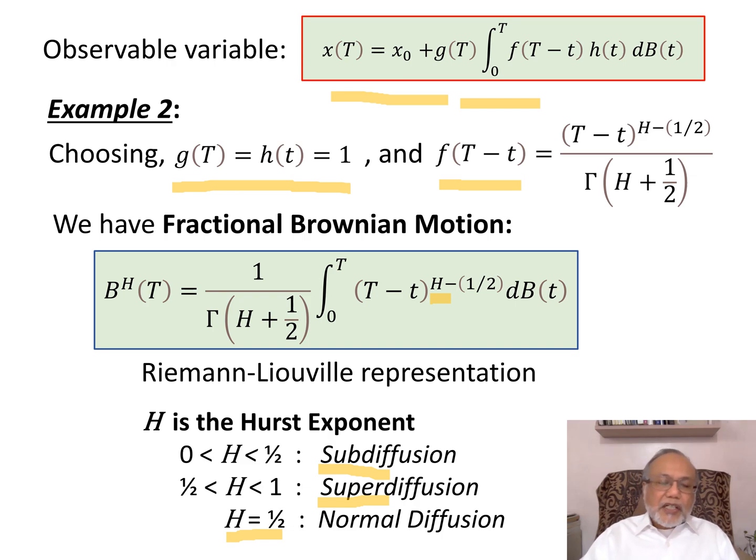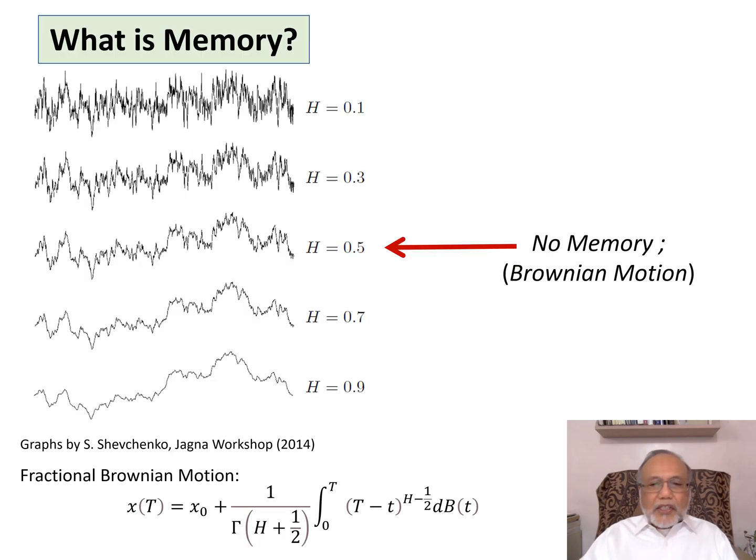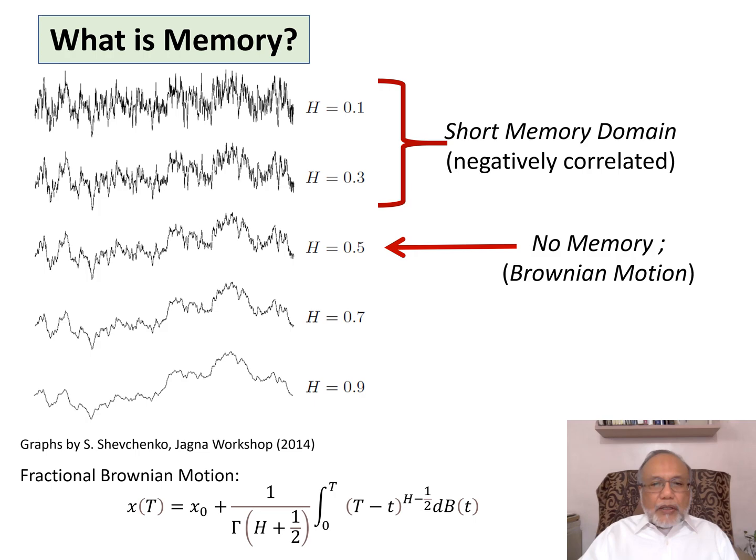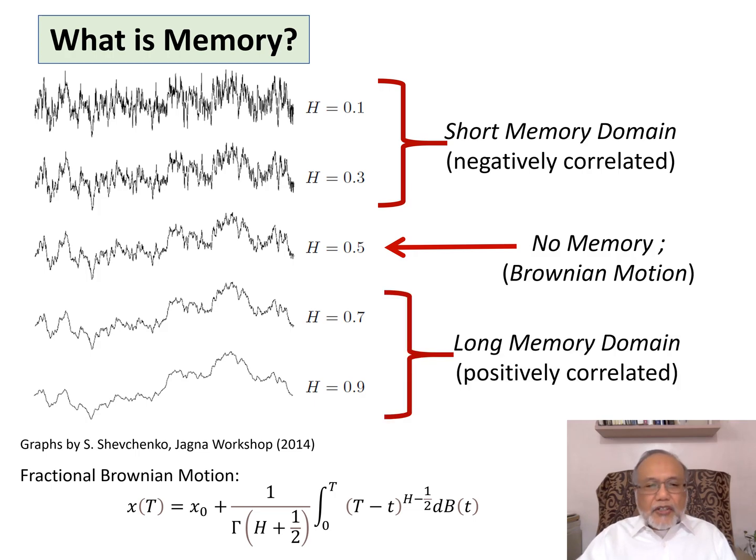Fractional Brownian motion is actually a good way of introducing what we mean by memory. So what is memory? For the fractional Brownian motion, when we have h less than 1/2, you have this so-called short memory domain, where each step's neighboring steps would be negatively correlated.